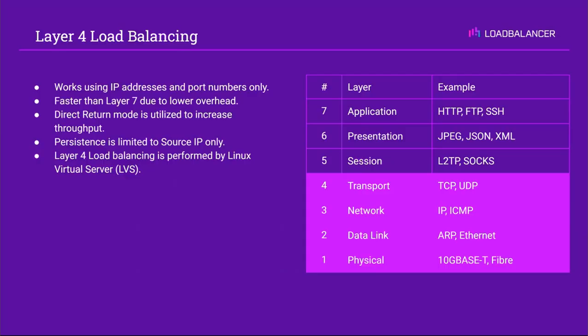As we use layer 4 in the direct return mode, this also allows for bigger throughput, because the traffic coming back from the real service is sent straight to the clients rather than via the load balancer. And as I have mentioned before, the limitation here is that only the source IP can be used as a persistence method. As you know, working on layer 4, we cannot do things like cookies, etc.